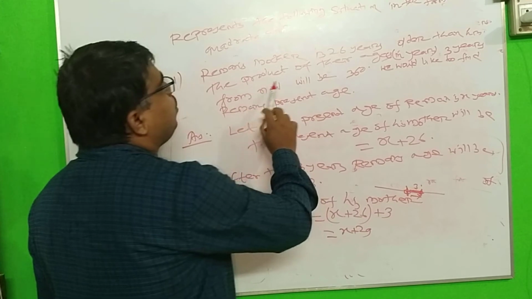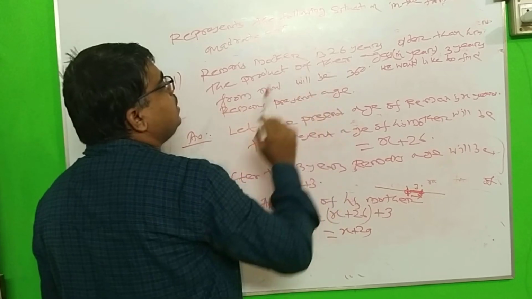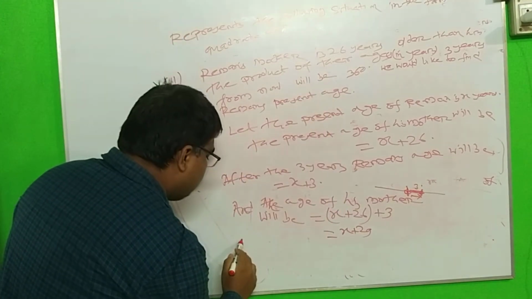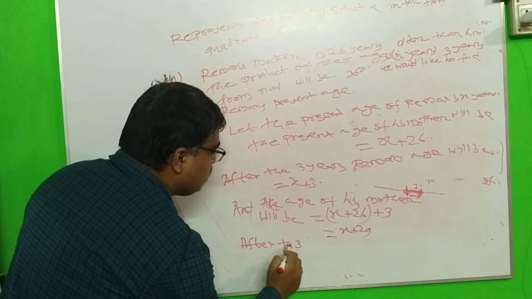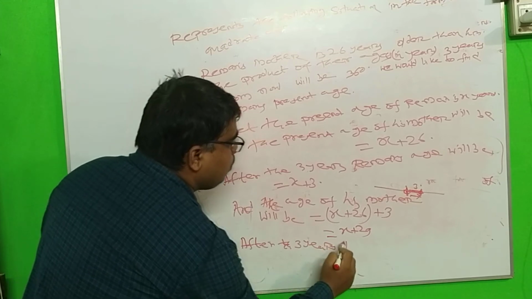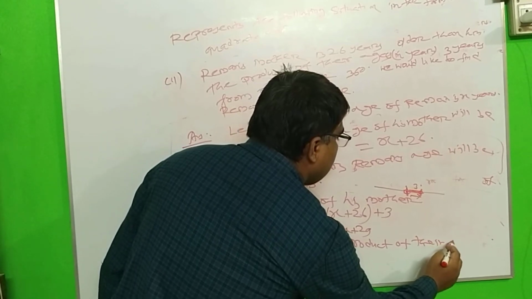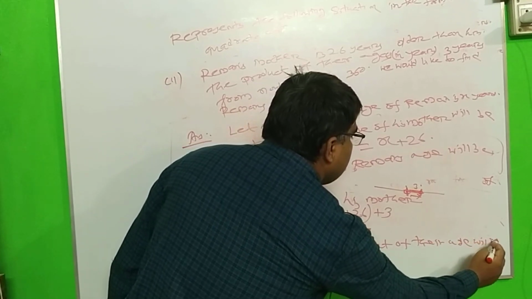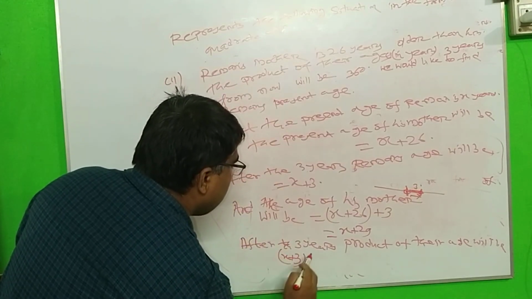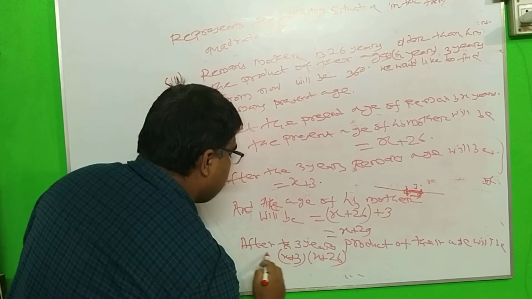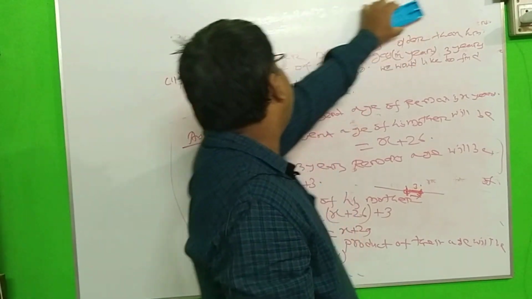It is said that the product of their ages 3 years from now will be 360. So now after 3 years, the product of their ages will be x plus 3 into x plus 29. Okay.